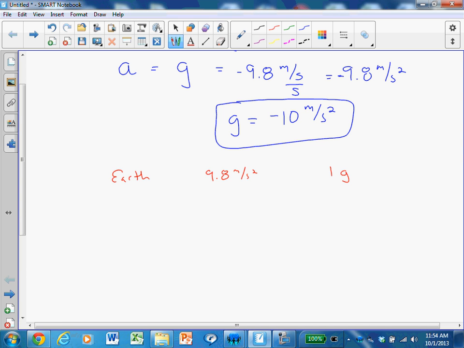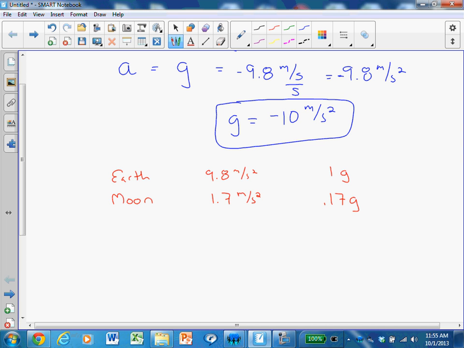On the moon, well, the moon is smaller, so it has less mass, so its gravity is only 1.7 meters per second squared, or 0.17 g's.